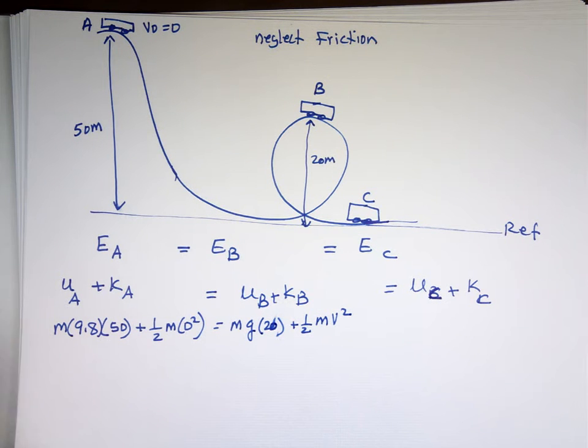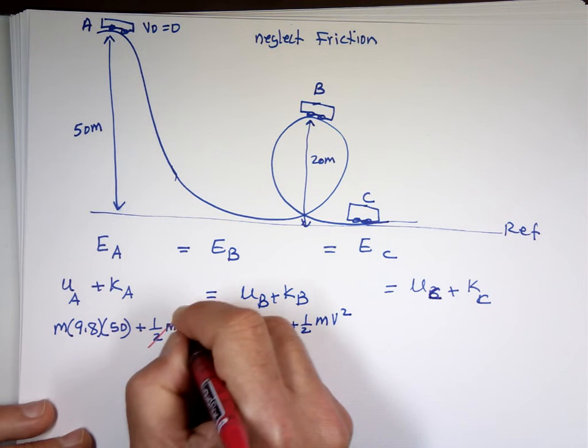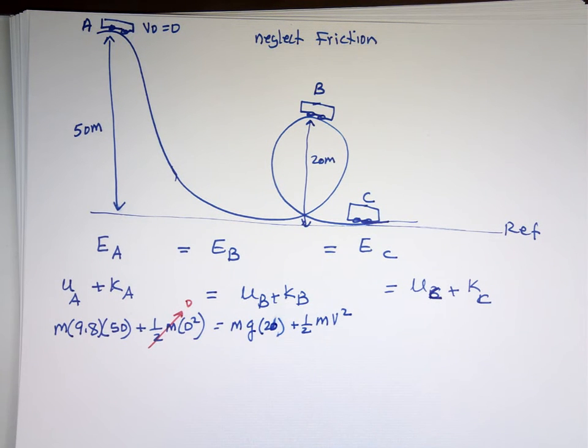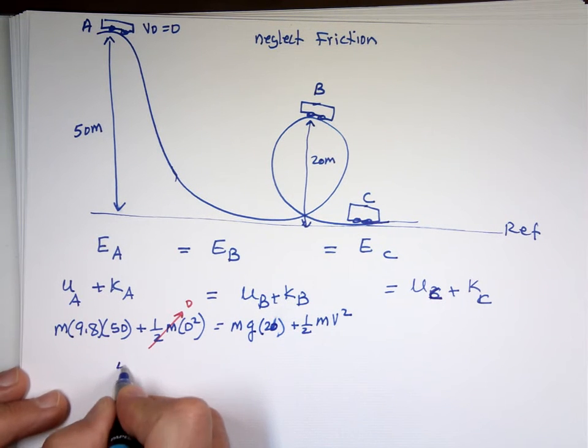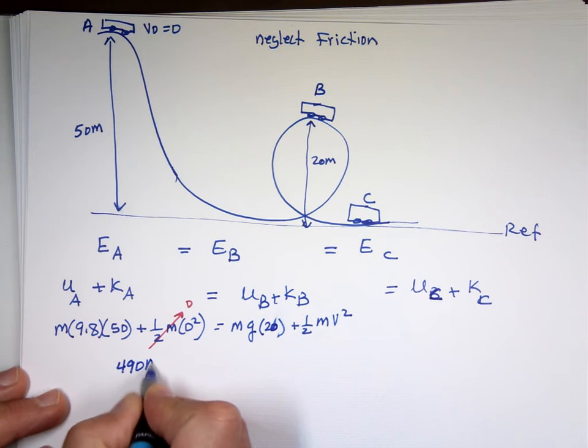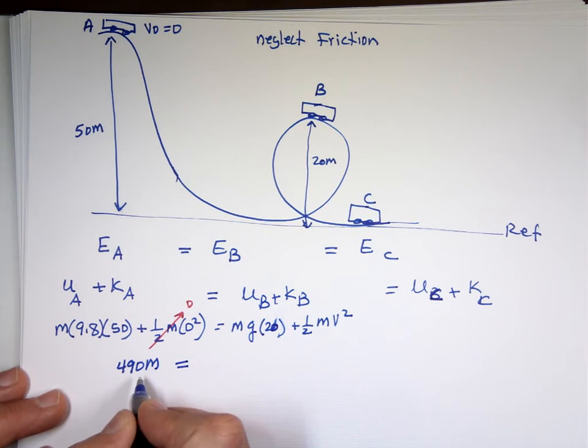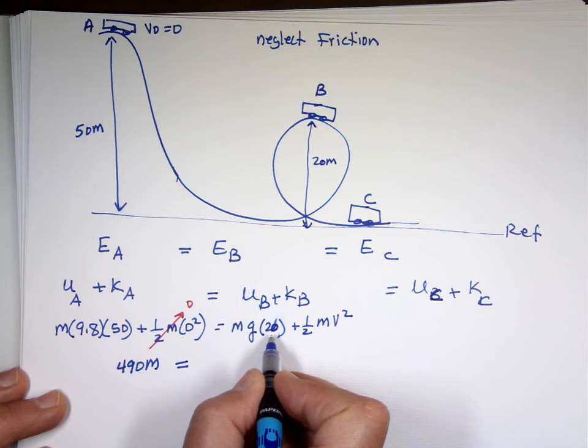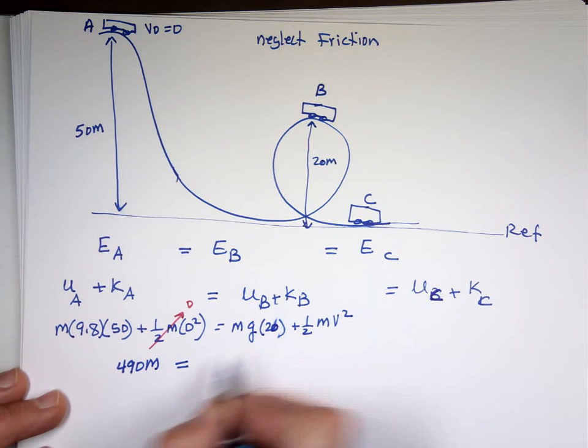This piece is 0 because 0 times anything is 0. 50 times 9.8, 490 m. 20 times 9.8, I think, is 196 m.